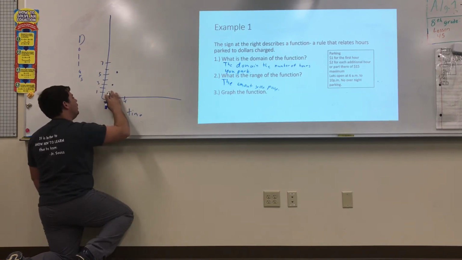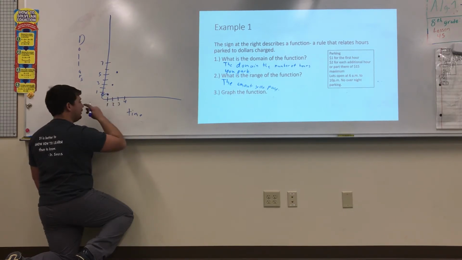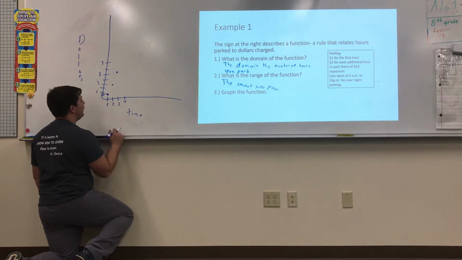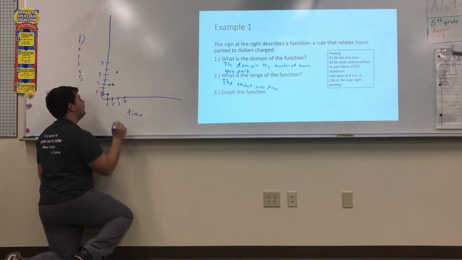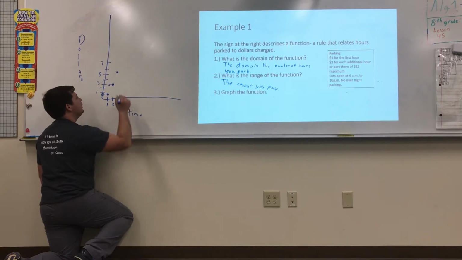So, we can park here from about 0 minutes up to 1 hour. Okay, this one, we can start here all the way up to this point of 2 hours is going to cost me $3.